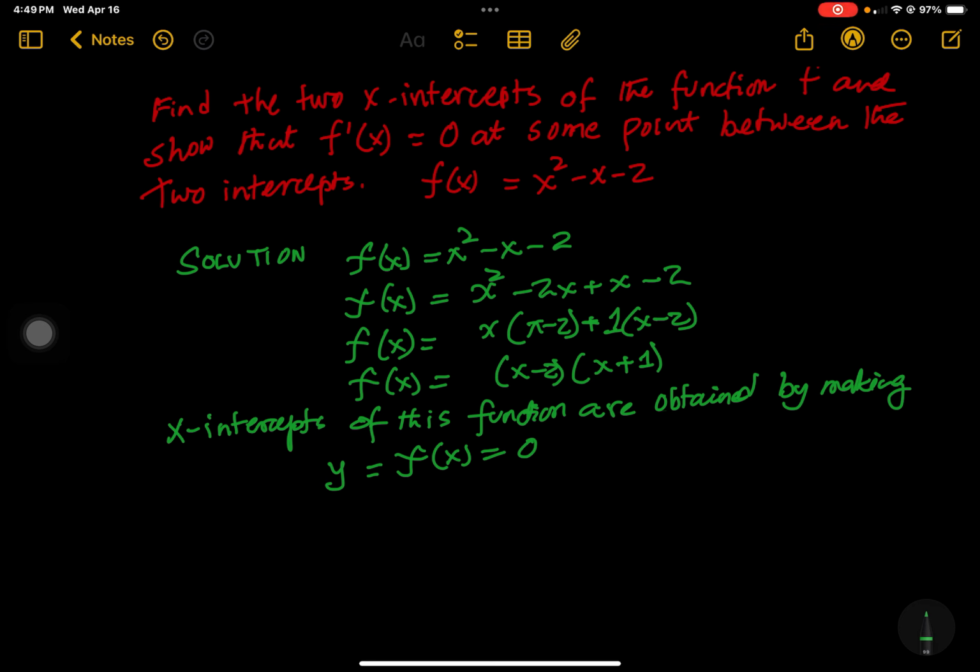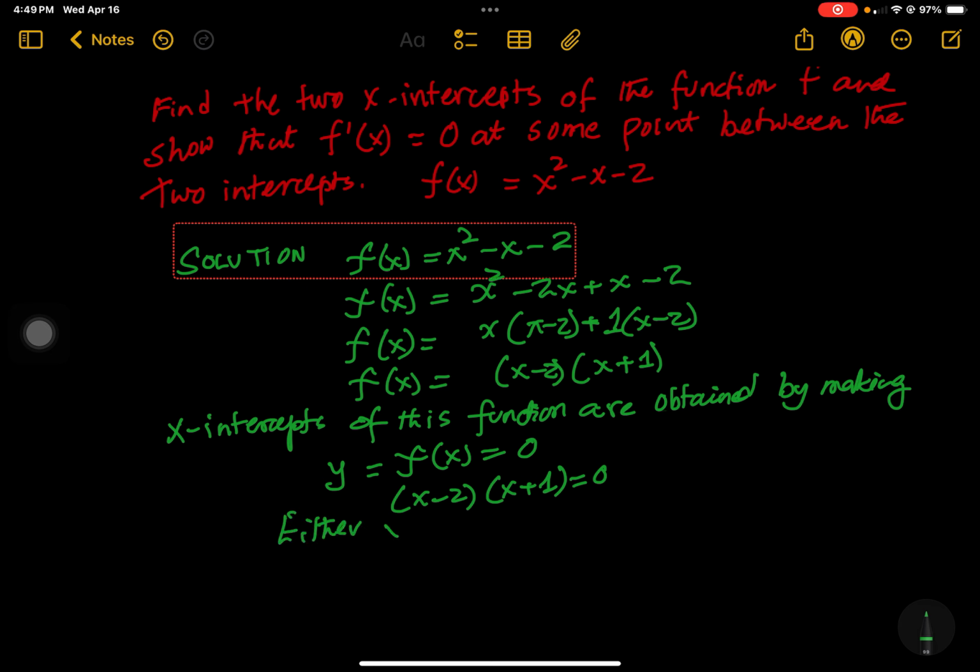Hence we can write for f of x, x minus 2 times x plus 1 is equal to 0. So either x minus 2 is equal to 0, which is, if I add 2 on both sides, x is equal to 2. That's one possibility.